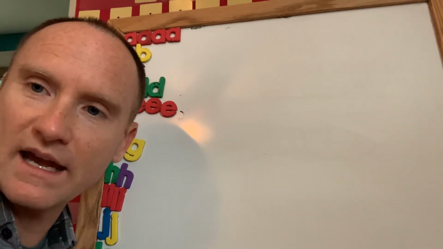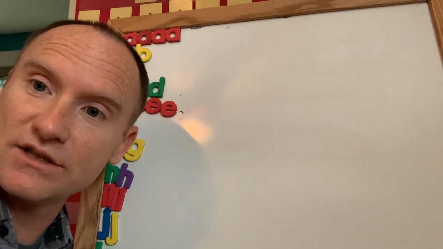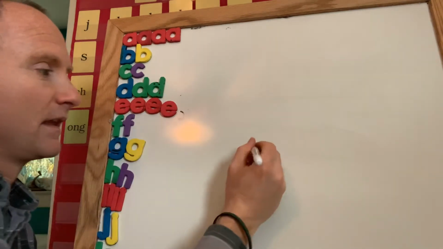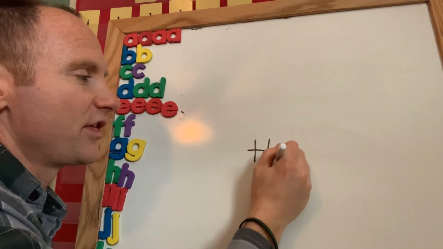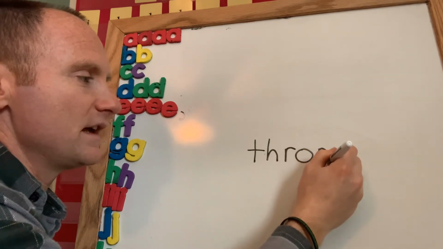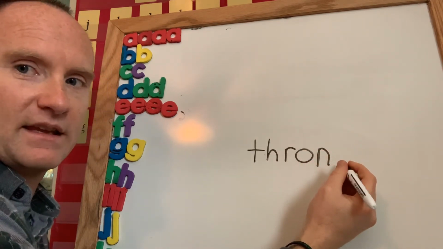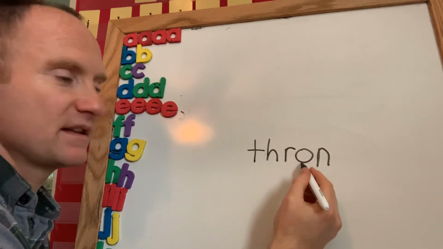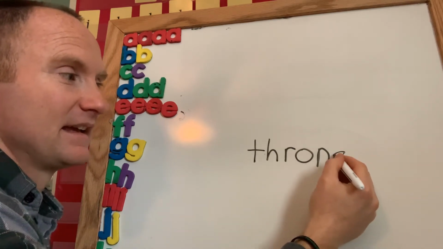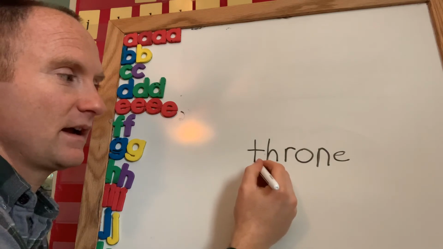All right, let's try another one, okay? Thrown, okay? Tap it out if you need to, all right? Pause it and you try. Own. Did you spell it like this? What are we missing? What sound did that O make? Made the long vowel sound. So what do I need? That bossy E, okay?